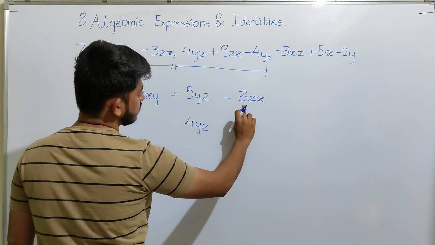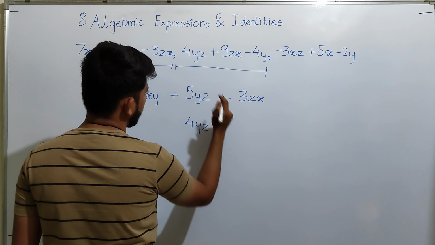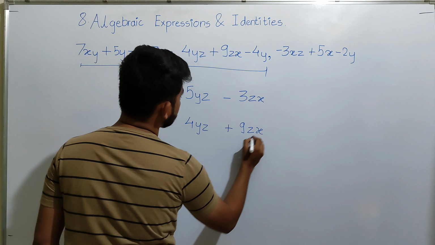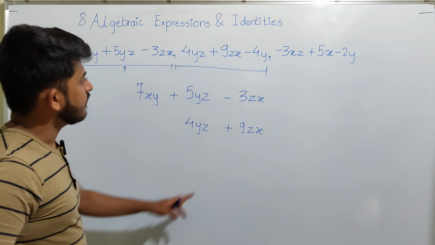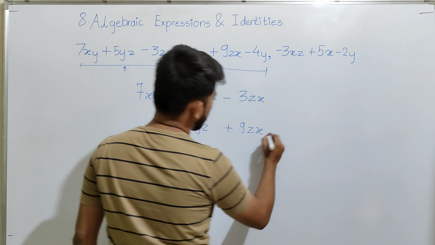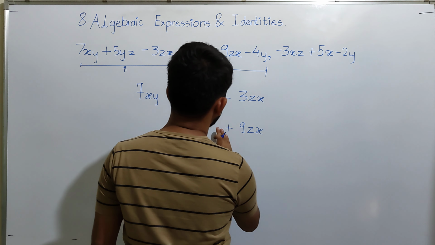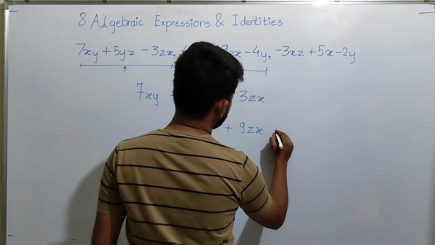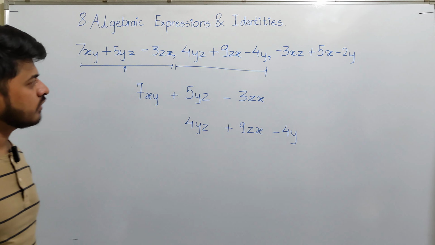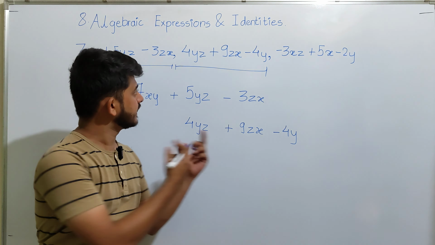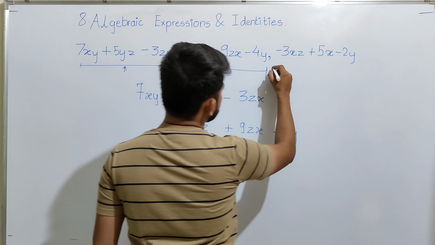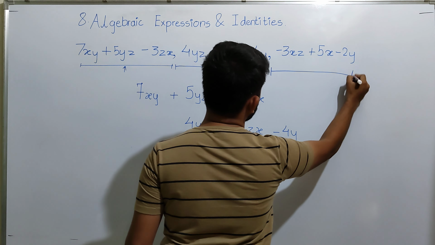Now here, do we have zx? Yes, we have zx, that is plus 9zx, right? Do we have y? No, we don't have. I'll write it here. It's okay if you interchange. Now this is the third equation from the given question.